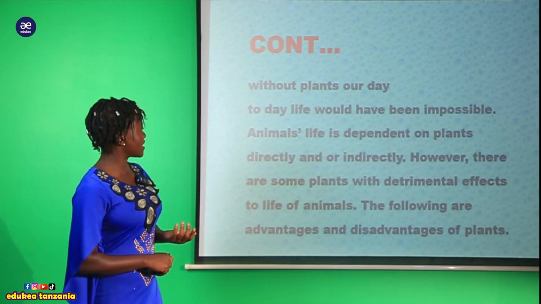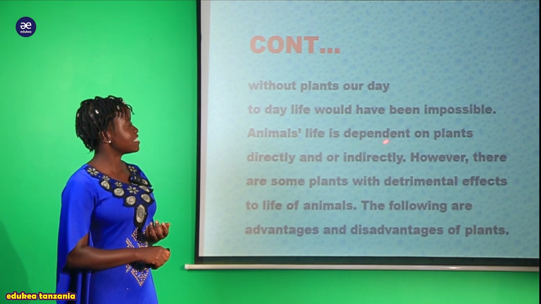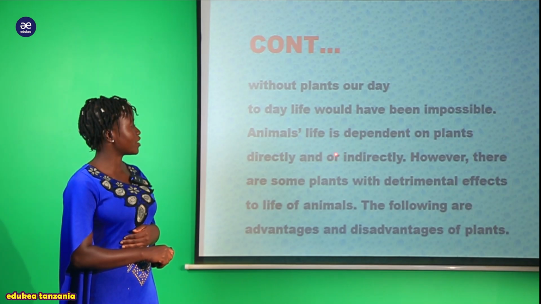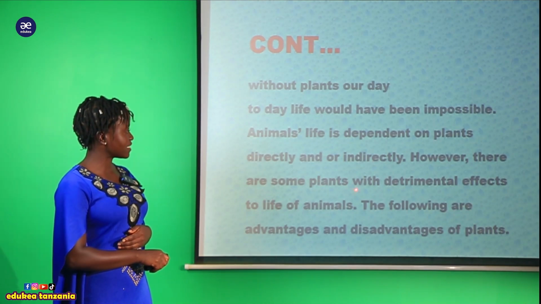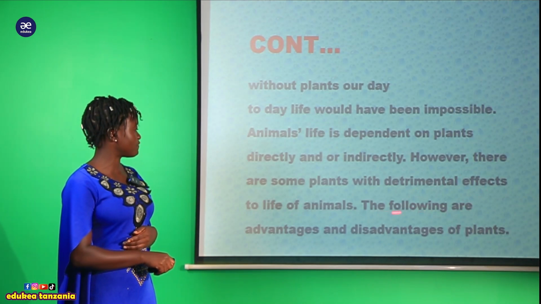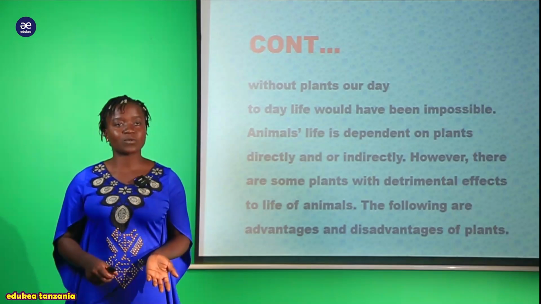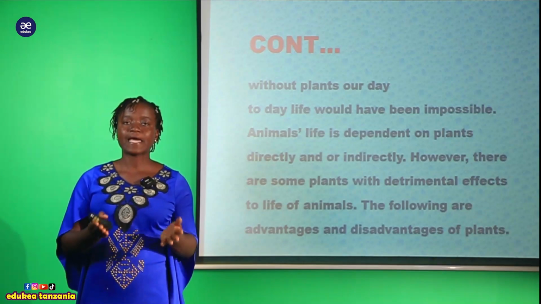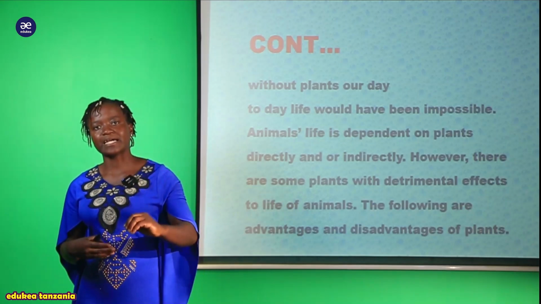So also we are saying that the animal's life is dependent on plant directly or indirectly. However, there are some plants which have detrimental effects on the life of animals. So tunasema kwamba kutokana na hivyo animals wote they depend on food from plant.